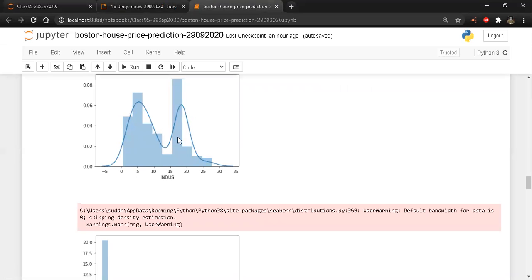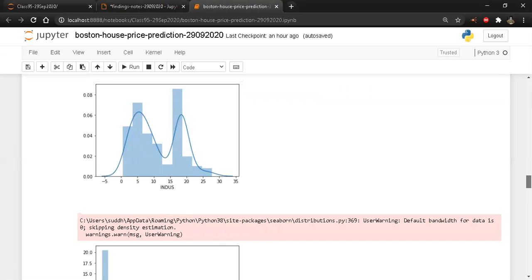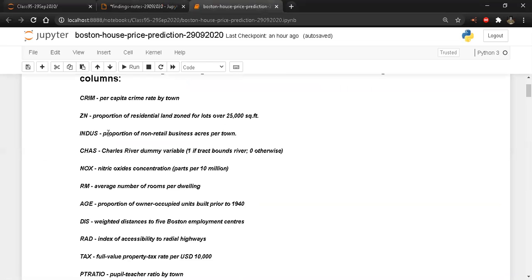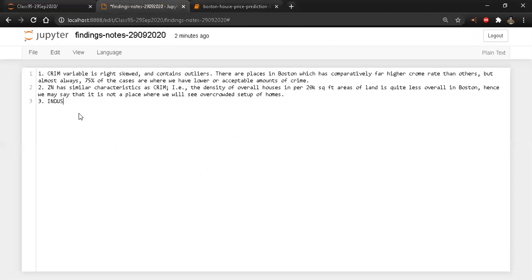This is a good distribution when it comes to INDUS. What is INDUS? INDUS is the proportion of non-retail business acres per town. INDUS is multimodal, or I can say bimodal.